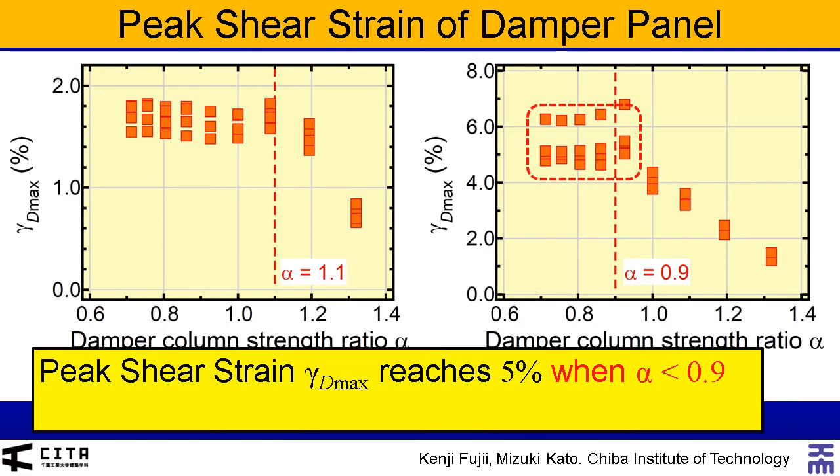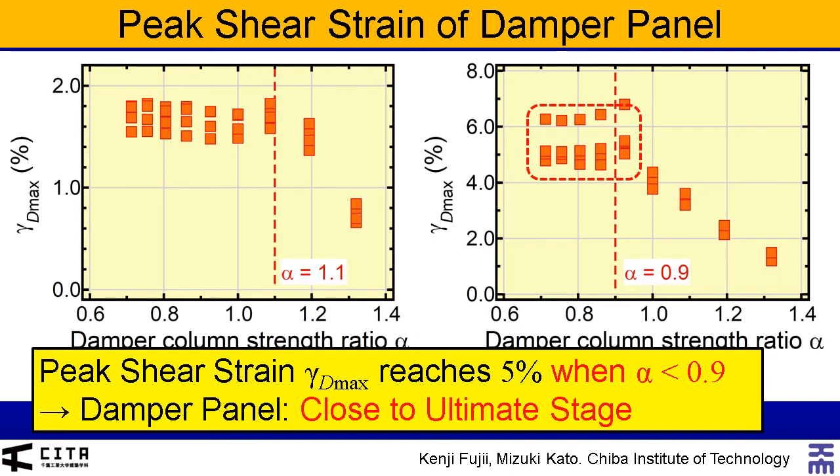Note that in the case of scaling factor equals 1.0, the peak shear strain gamma d max reaches 5% when alpha is less than 0.9. In such case, the damper panel is close to the ultimate stage. Therefore, the case alpha equals 0.9 seems suitable in eliciting full performance from damper columns.